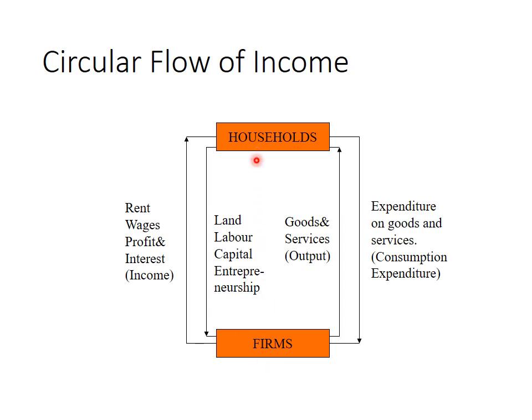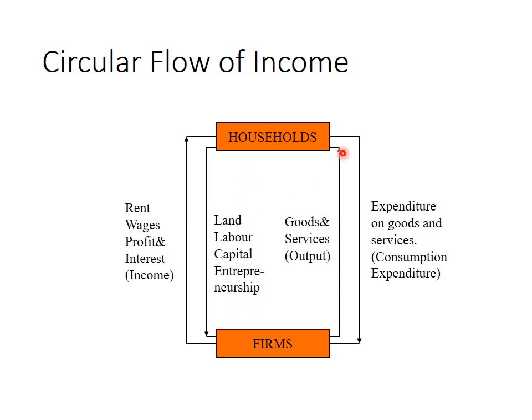For example, households can rent out the land that they're sitting on to the firm, or they can choose to work for the firm as labor, all right? Or they could provide capital or entrepreneurship to the firm, okay, and receive wages from that or returns from that, all right? So the firm will pay factor payments, rent, wages, whatever interest, back to the households. All right, so the households gain from these factor payments, and at the same time, the firm now has factors of production to produce things.